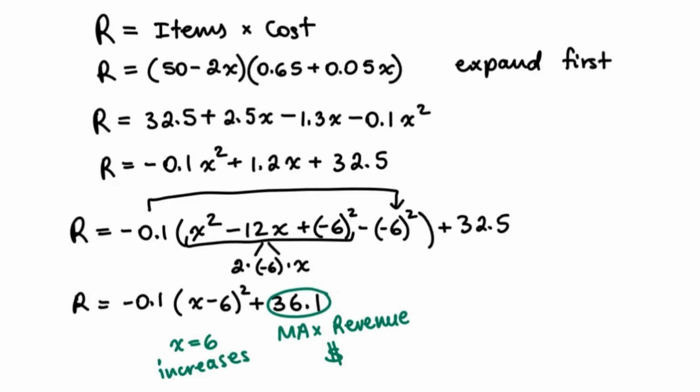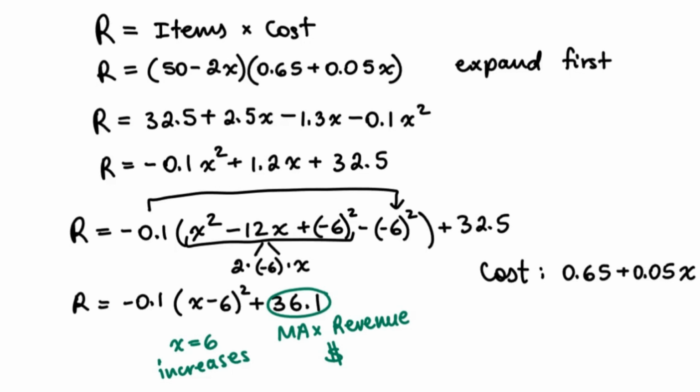Now we need to determine the cost that will produce the max revenue. The cost was given to us as 0.65 originally, and then a 5-cent increase times the number of increases. So we had an expression for it, and it was 0.65 plus 0.05 times x.